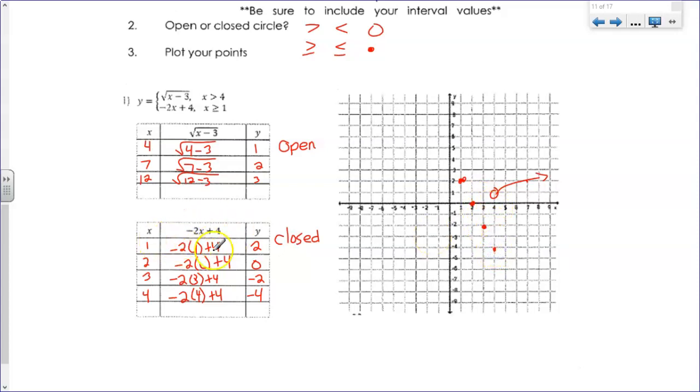And this is a linear function, so I know it makes a straight line. So that would go that way. Now, if we looked at this function, is it continuous? Can I draw this entire graph without ever lifting my pencil? No. So this would be a non-continuous graph because it does not continue.